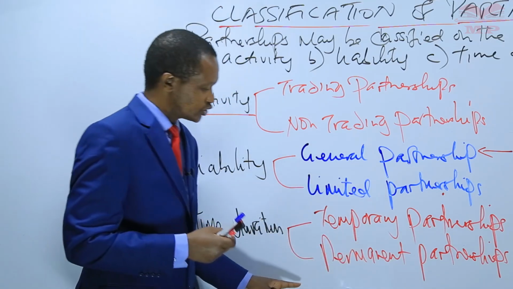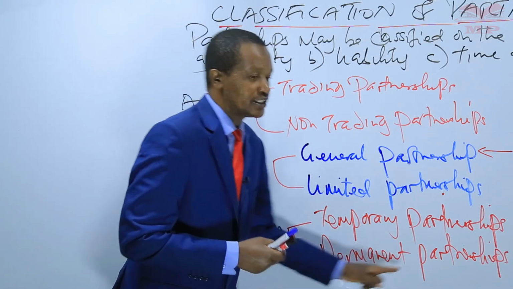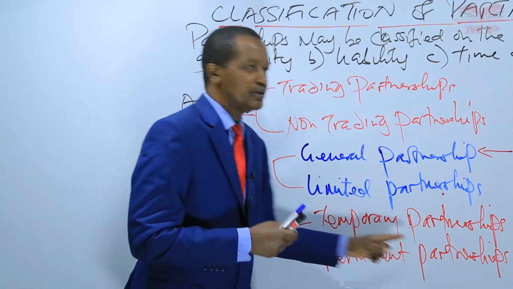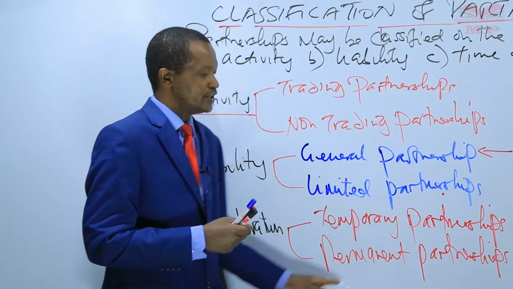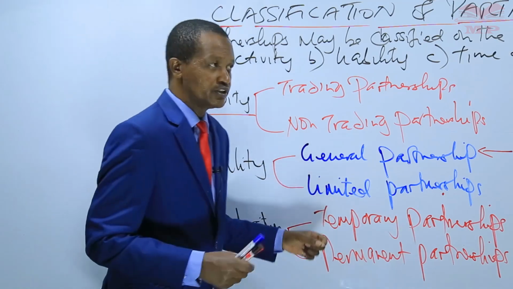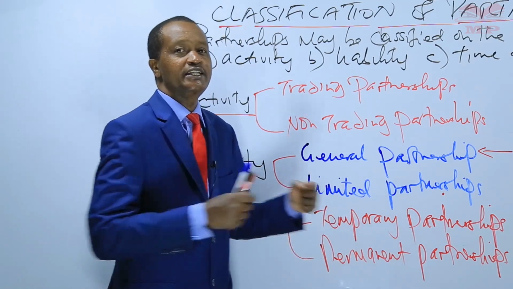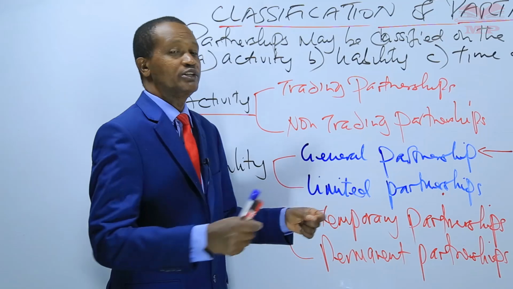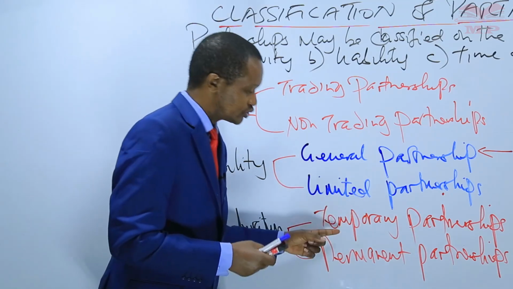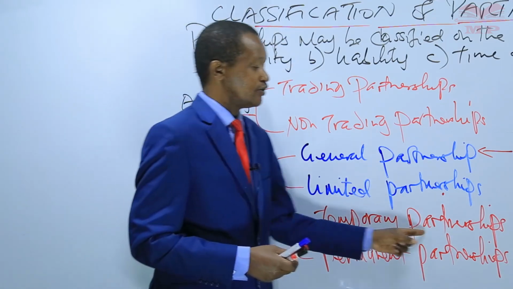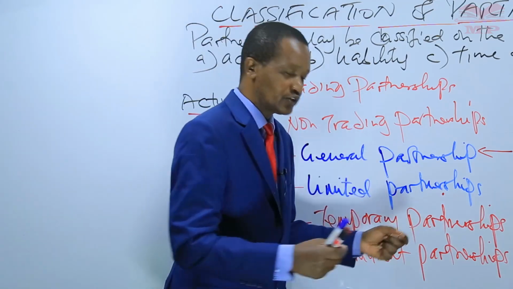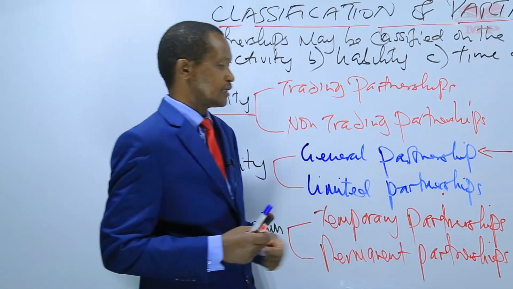This one is also known as a partnership at will. It may be dissolved for other reasons that are beyond the control of the partnership or the partners, as opposed to a temporary partnership where the life of the partnership is determined in advance. You decide that at the end of this period of time, we are going to dissolve the partnership.